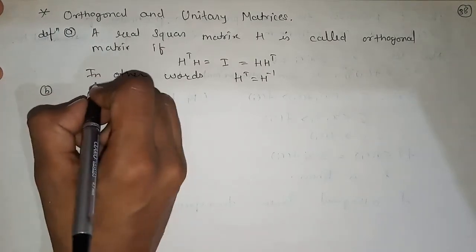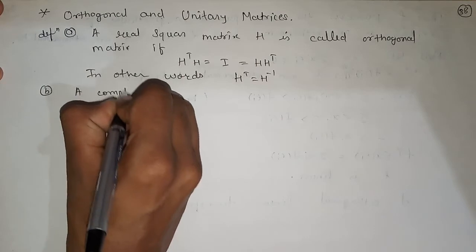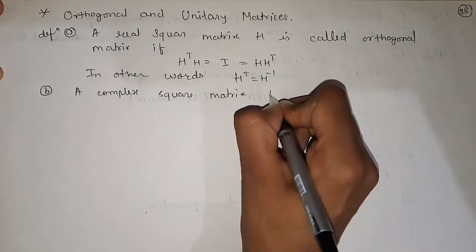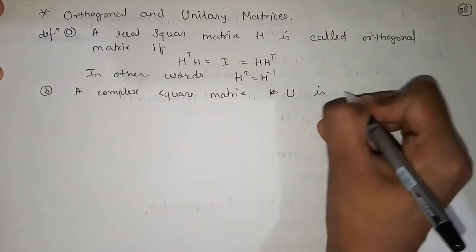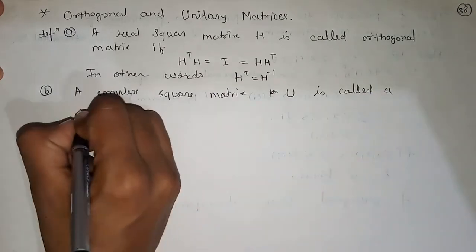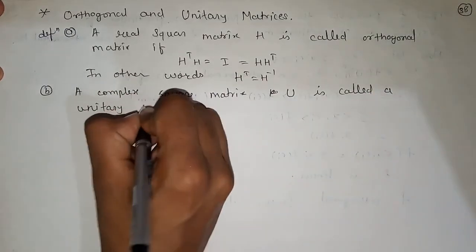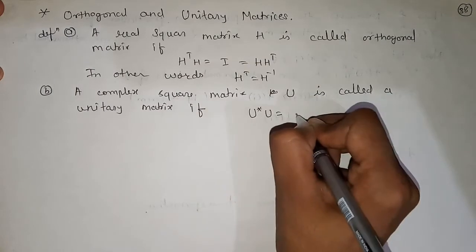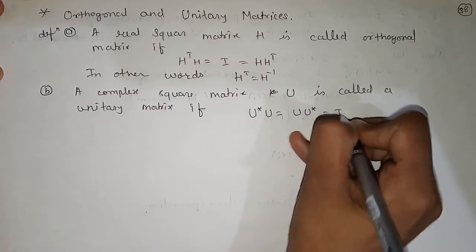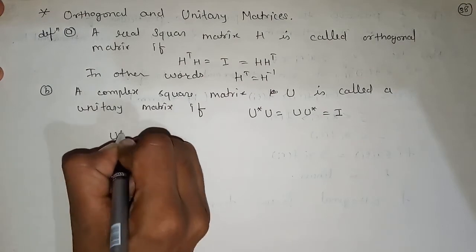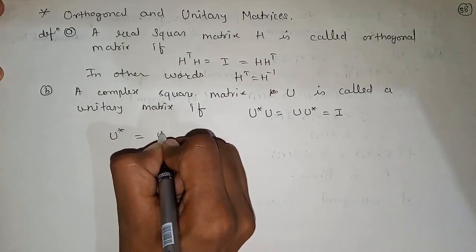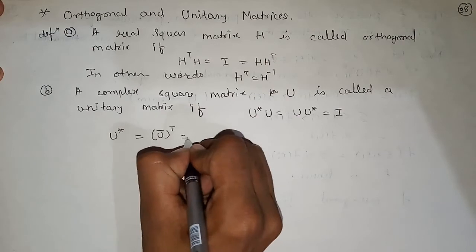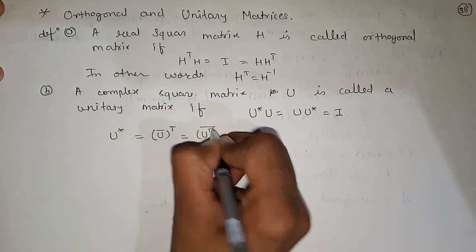Now for complex square matrix, a complex square matrix U is called a unitary matrix if U star U is equal to U U star, which is equal to identity matrix, or in other words we can say that U star is nothing but conjugate of U then its transpose, and this is also equal to U transpose conjugate.